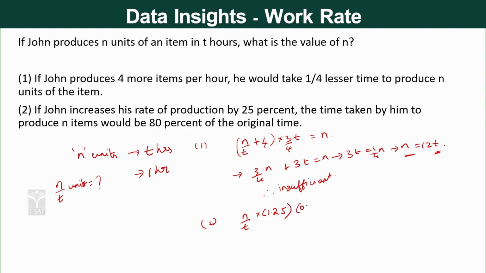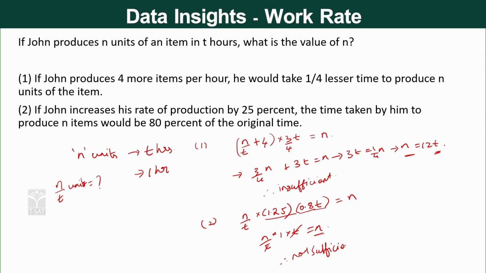So, 0.8 into the original time T will produce n. So, 1.25 into 0.8 is nothing but 1, and n by T into T, T gets cancelled, is equal to n. So, this is a simple self-satisfying equation. It is not giving us any information about n or T. So, this is also insufficient to answer the question.